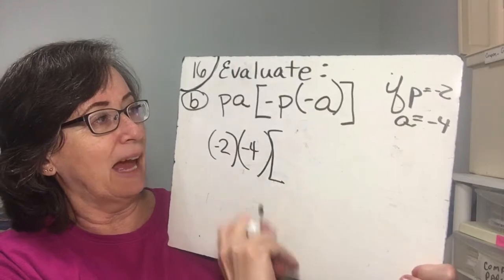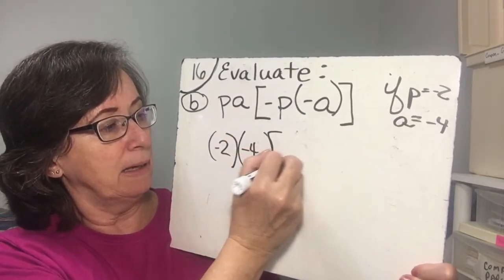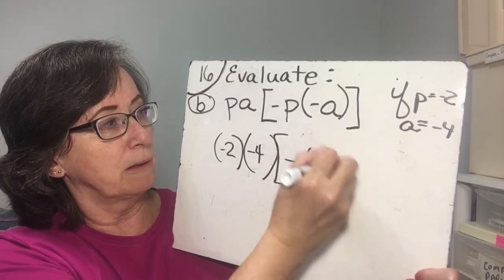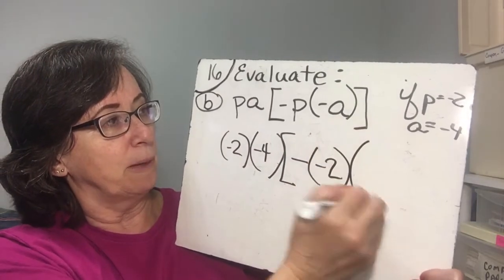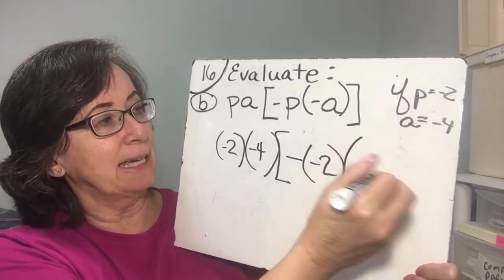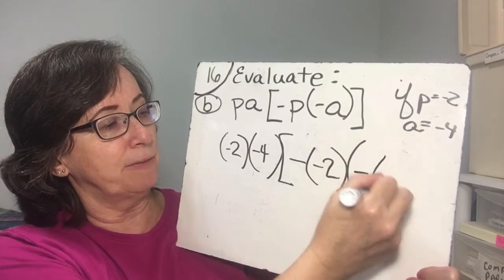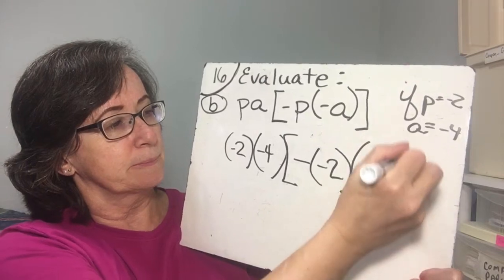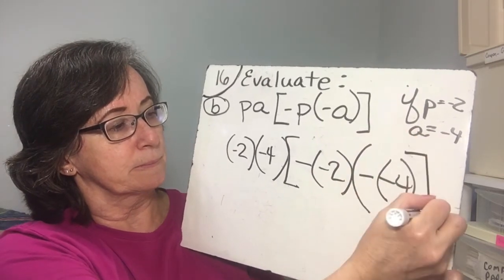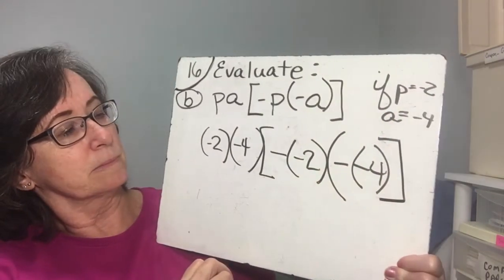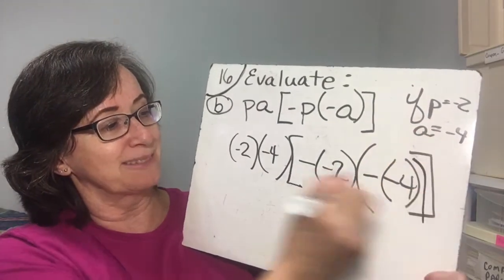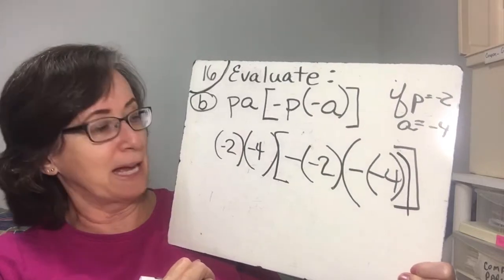We're going to take out the p and put in a negative 2. And then we have a big parenthesis. We got a negative a, so this can be a negative 4. I should have had one more of those. We always have to have matching parentheses.